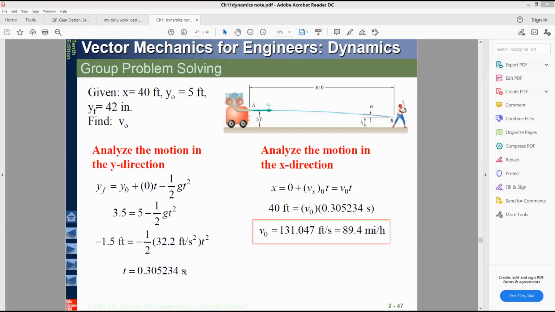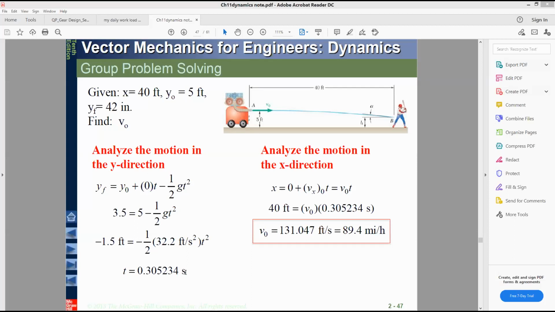Now, for the distance and velocity relationship, s is equal to vt. Here along the x direction, x is equal to u plus vt, where u is 0 initially.